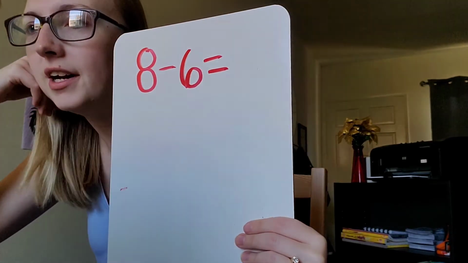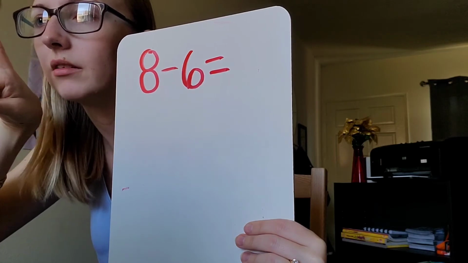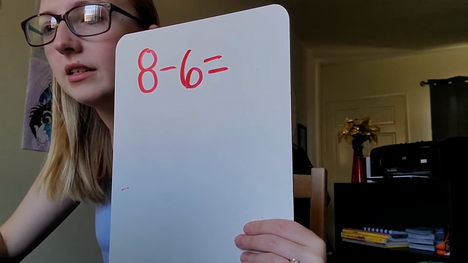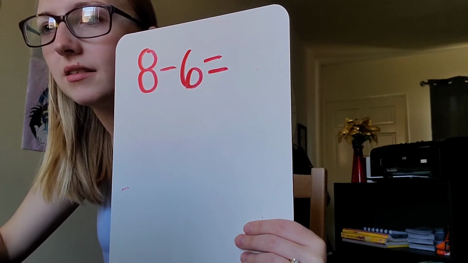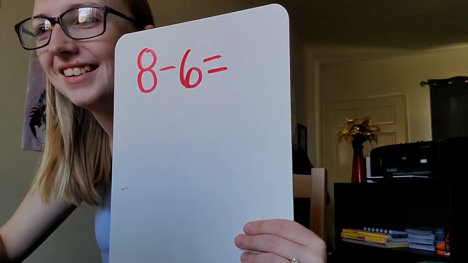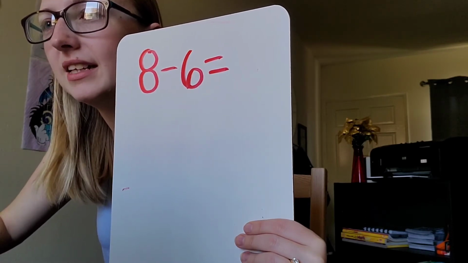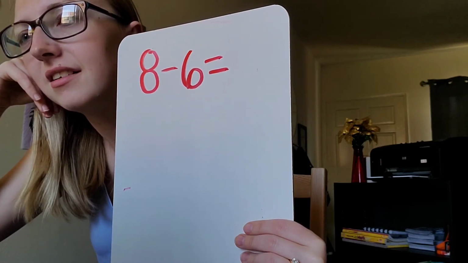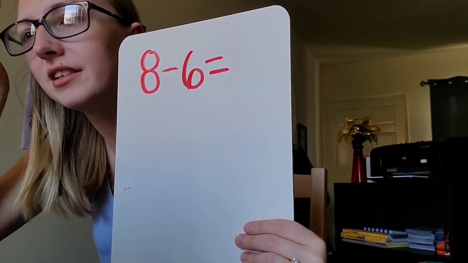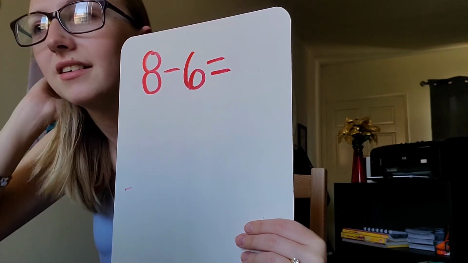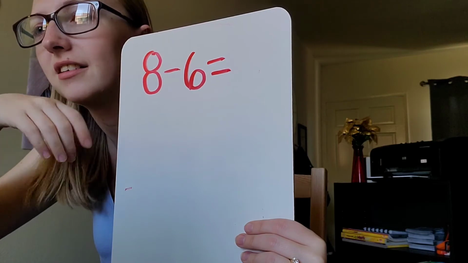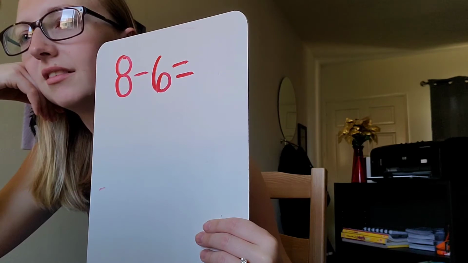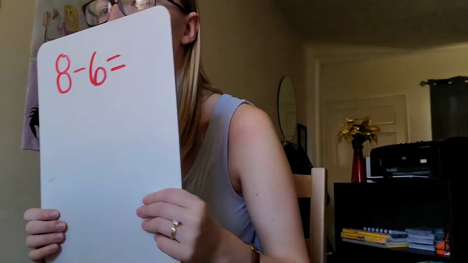Let's give everyone some time. 8 take away 6. Liam, what did you get for 8 take away 6? How many were left? What did you write down? Leah, what did you write?